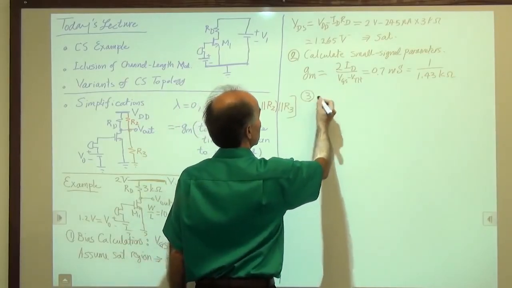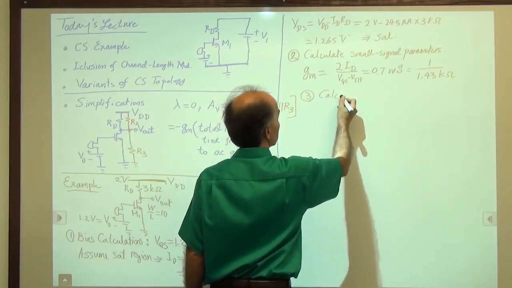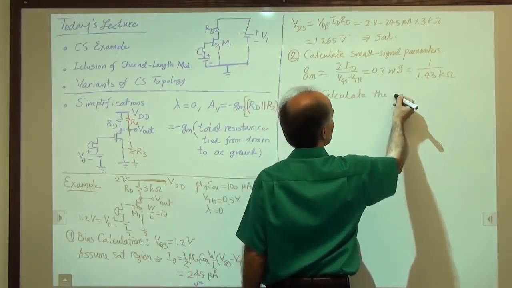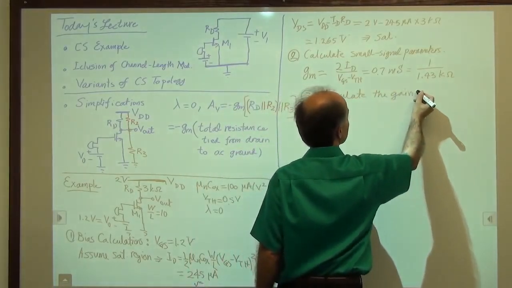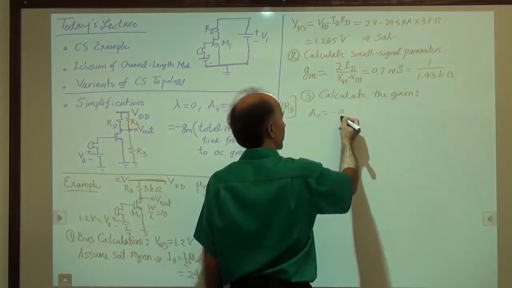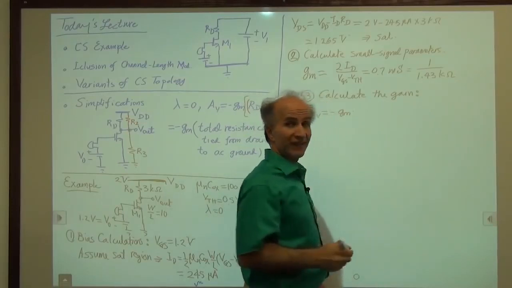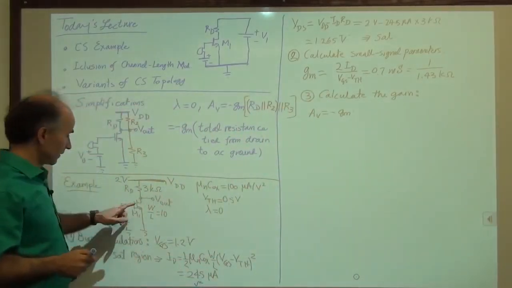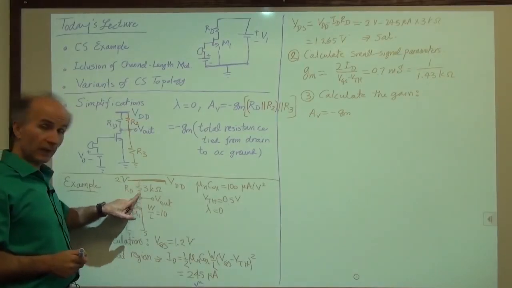So 3, calculate the gain. So AV is equal to minus GM times the total resistance tied between the drain and AC ground. And that's the only resistor we have, 3 kilo ohms.